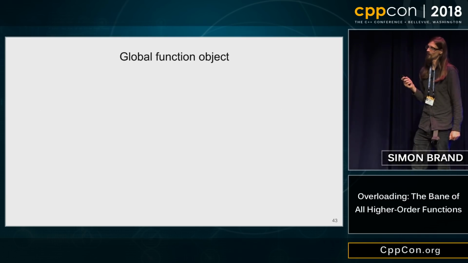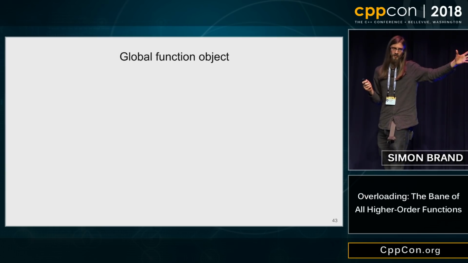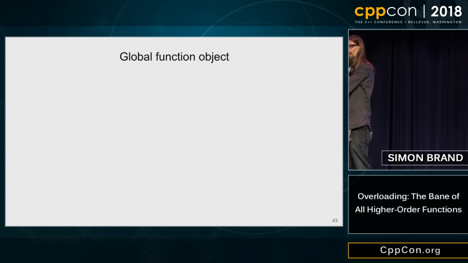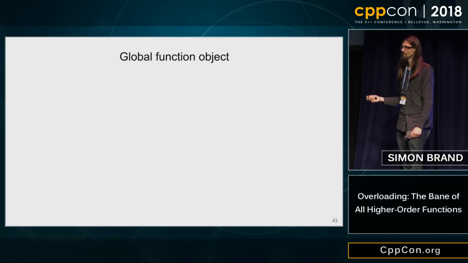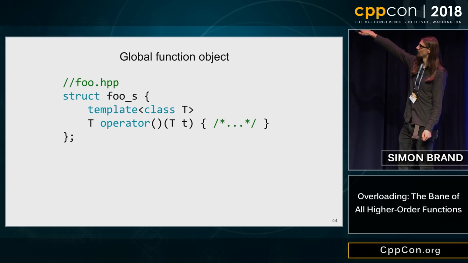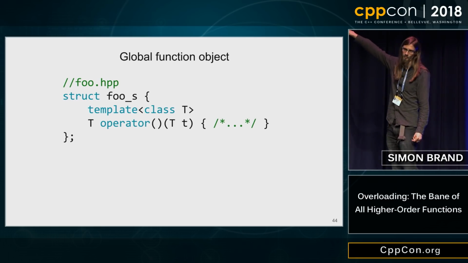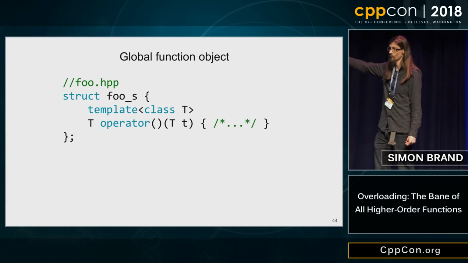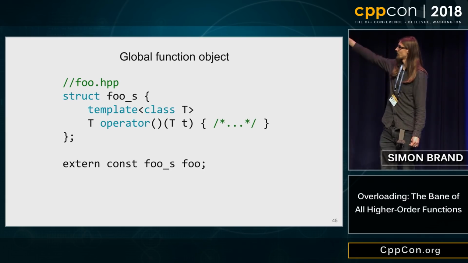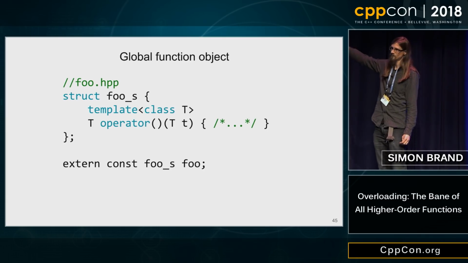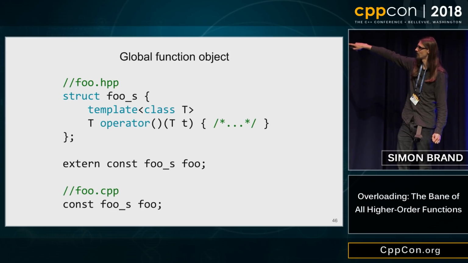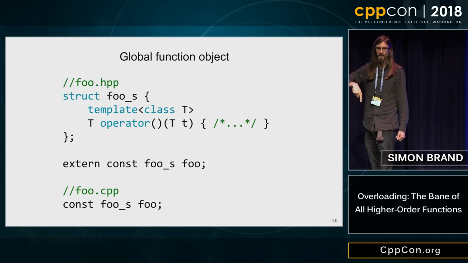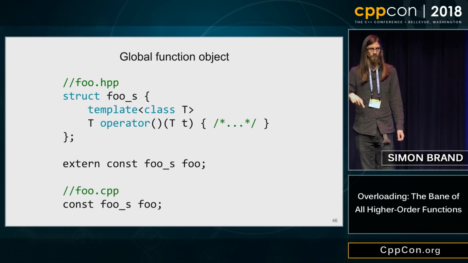So let's look for a different opportunity. We had function objects earlier, but the problem was we had to construct them. So what if we just have a global function object? Well, if we have our foo class, which has our operator in it, and then in our header file we have an extern const, and in our CPP file then we have a definition for it.